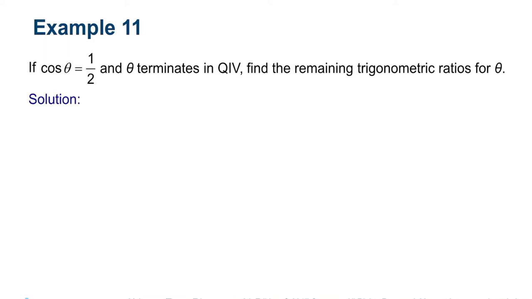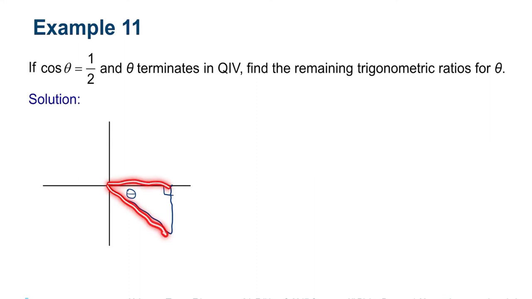Okay. So I always like to draw a right triangle in the correct quadrant. We are in quadrant 4, so I'm going to draw an angle in quadrant 4. Theta is always going to be between your hypotenuse and the x-axis.